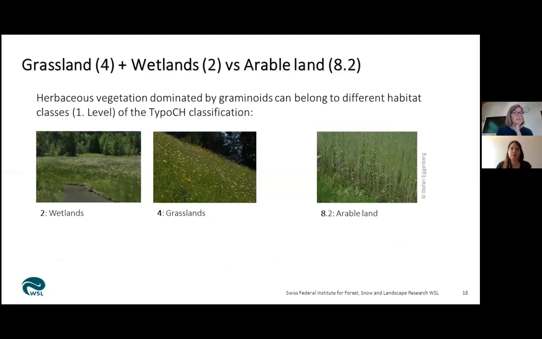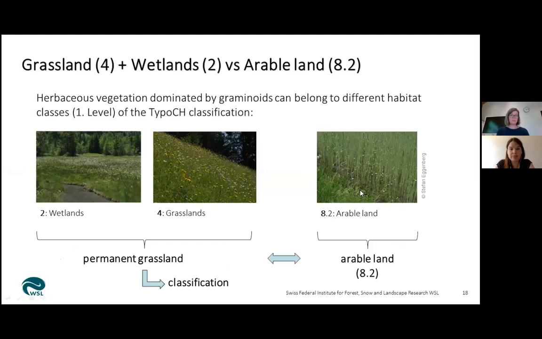So we'll start with talking about the grassland, wetland and arable land modelling. The herbaceous vegetation can belong to different habitat classes at level 1 of the classification, so basically wetlands, grasslands and arable land.